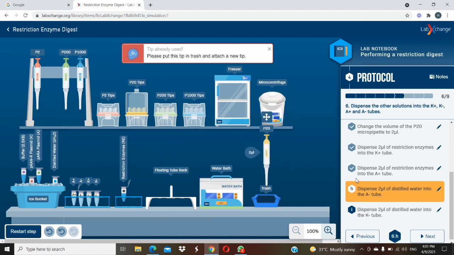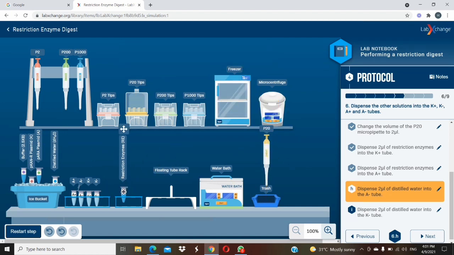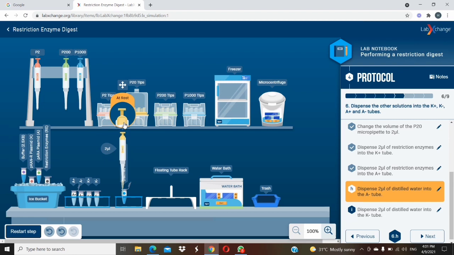Okay. Then dispense about 2 microliters of distilled water into the A negative tube. So we are adding the distilled water here. Open it, touch, open, A minus.